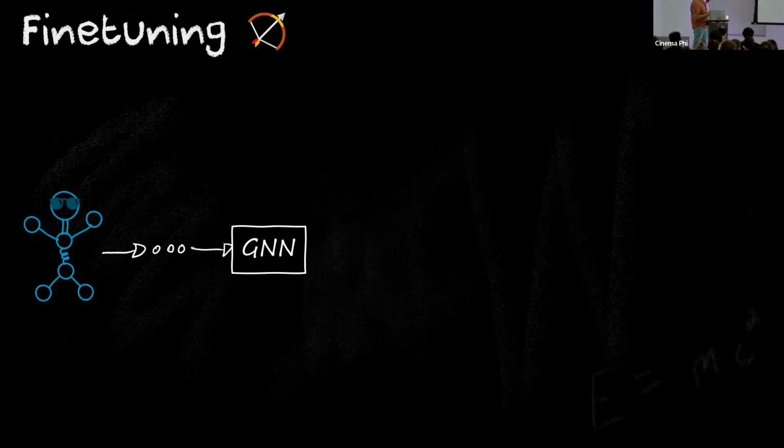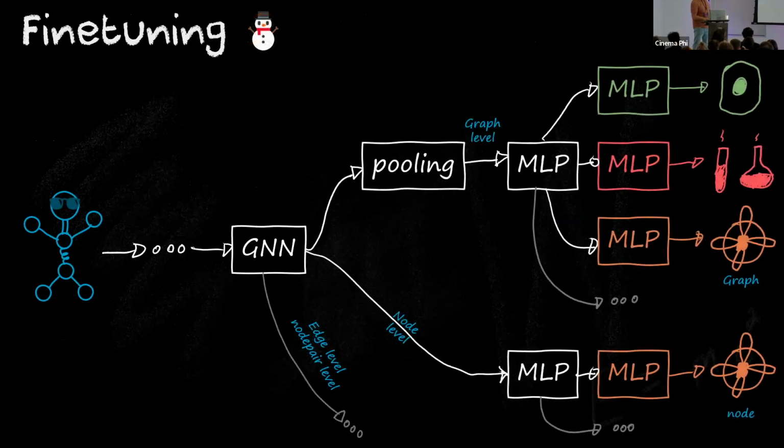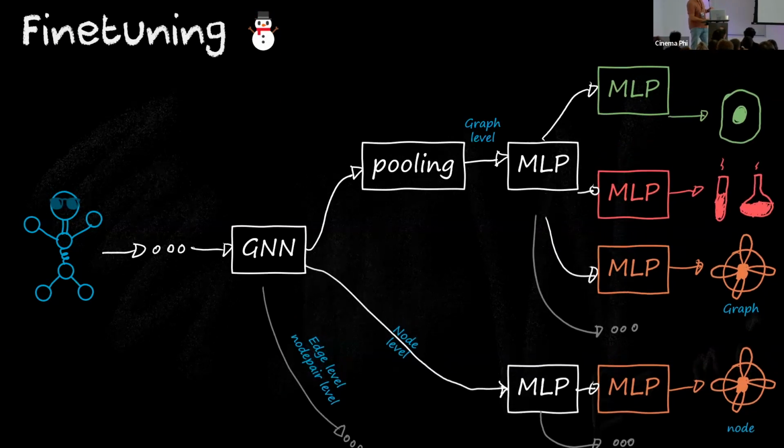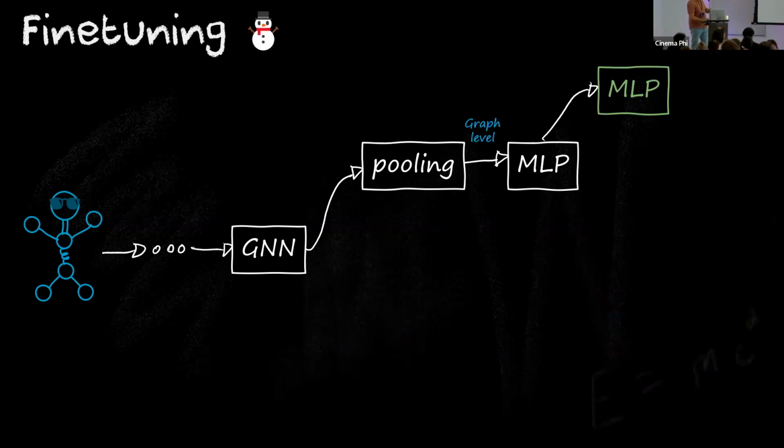So if we go back, we had the graph going into the encoder manager, going into the GNN, and we had all these layers. Now we want to do fine tuning. When we do fine tuning, we can drop the parts that we don't want. Then once we drop these parts, we can take any of the MLPs that we want and fine tune that on a new task, as you can see in the top right here.